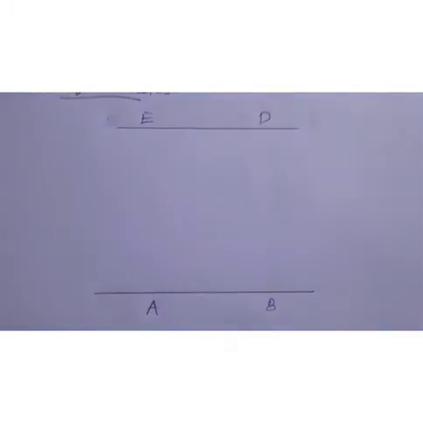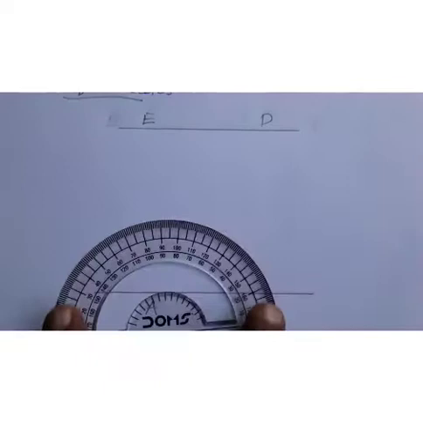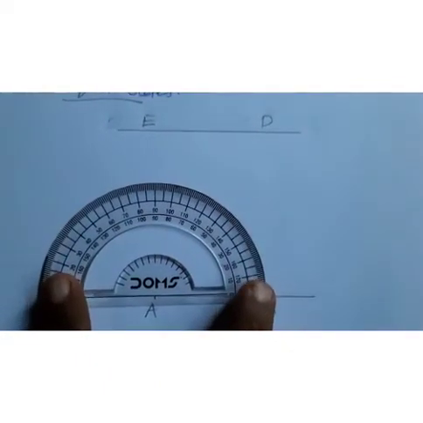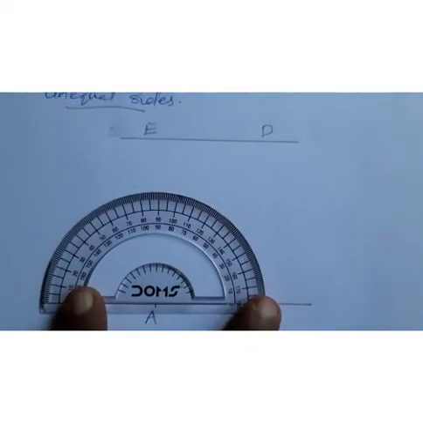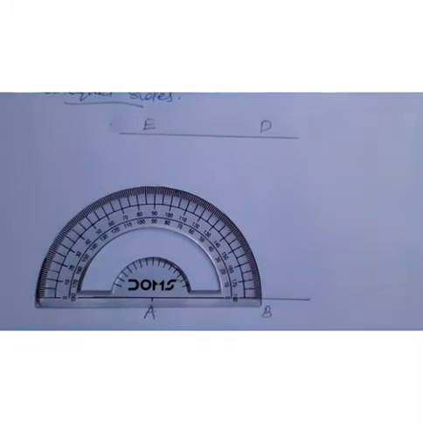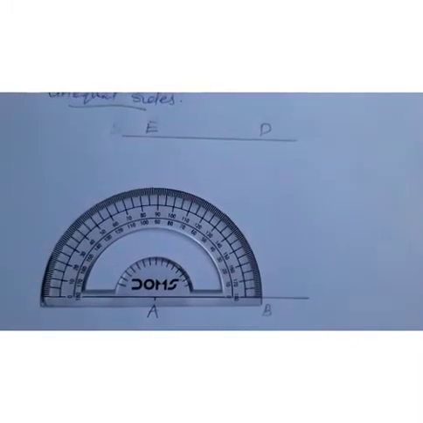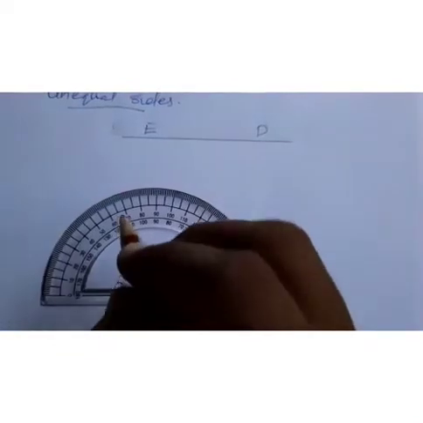Then from A and B take an angle of 120 degrees. Angles should be equal, so the angle I am taking is 120.